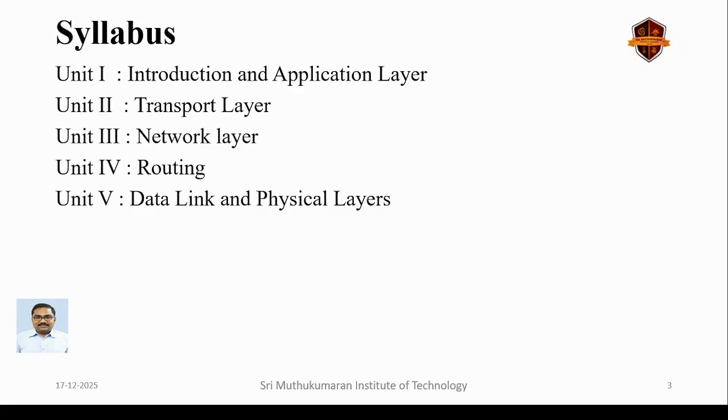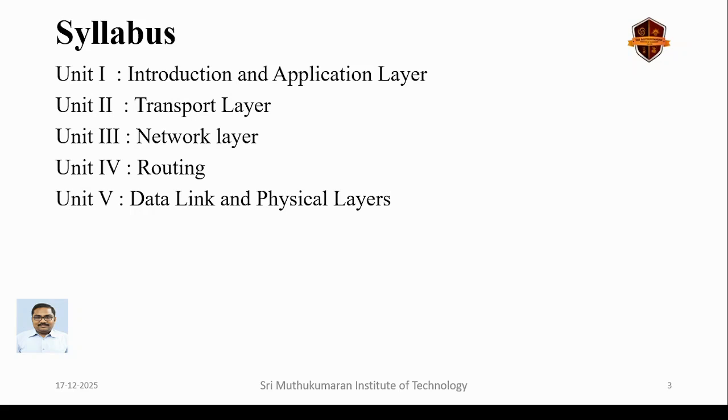Now coming to the syllabus, unit 1 tells about the introduction and the application layer, which in turn discusses the various network types, various application layer protocols which are used in the application layer, and the layered models, the layered approach, that is the TCP/IP layer and the OSI model.